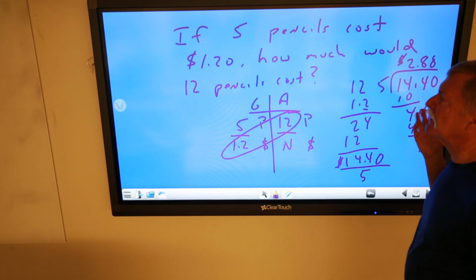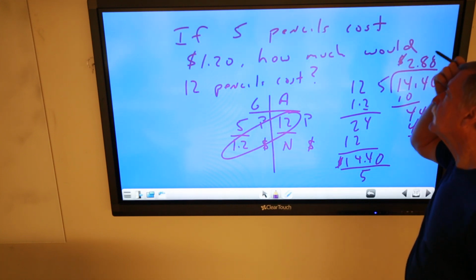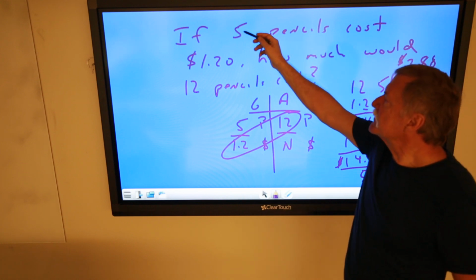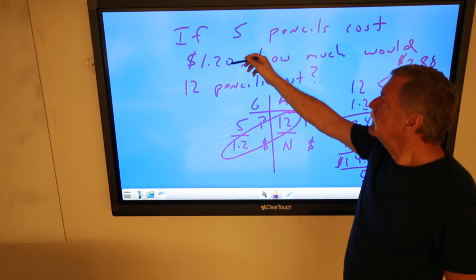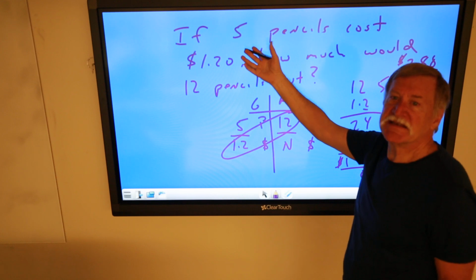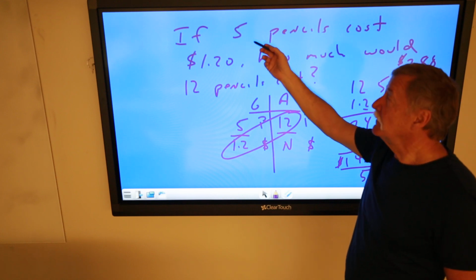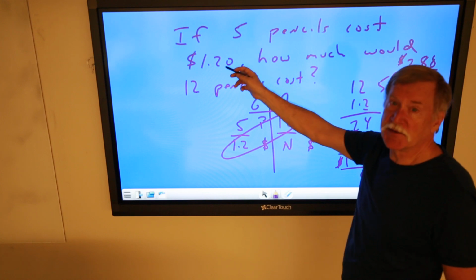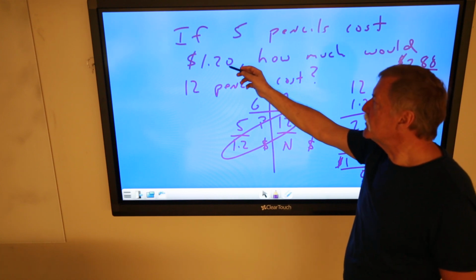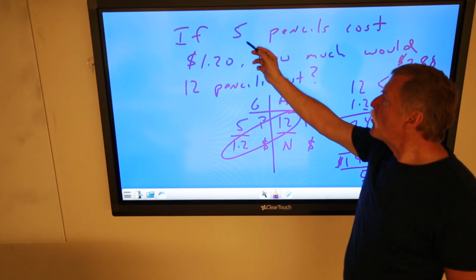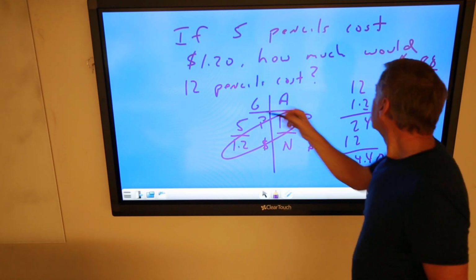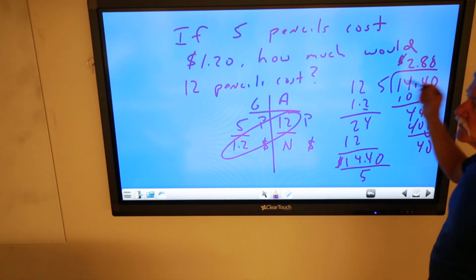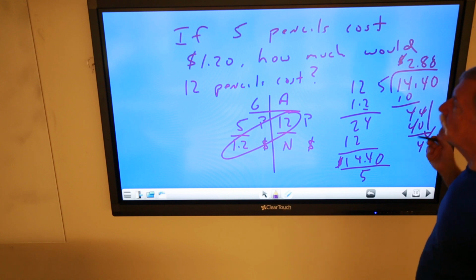And you always got to ask yourself, does that make sense? Is it reasonable? So I got 5 pencils and it costs this much. 12 pencils is about twice as many as 5 pencils, right? If I doubled 5 pencils, I'd have 10 pencils and it would be twice as much money, $2.40. So I got a little bit more than double the amount. So my amount of money for 12 pencils should be a little bit more than $2.40.